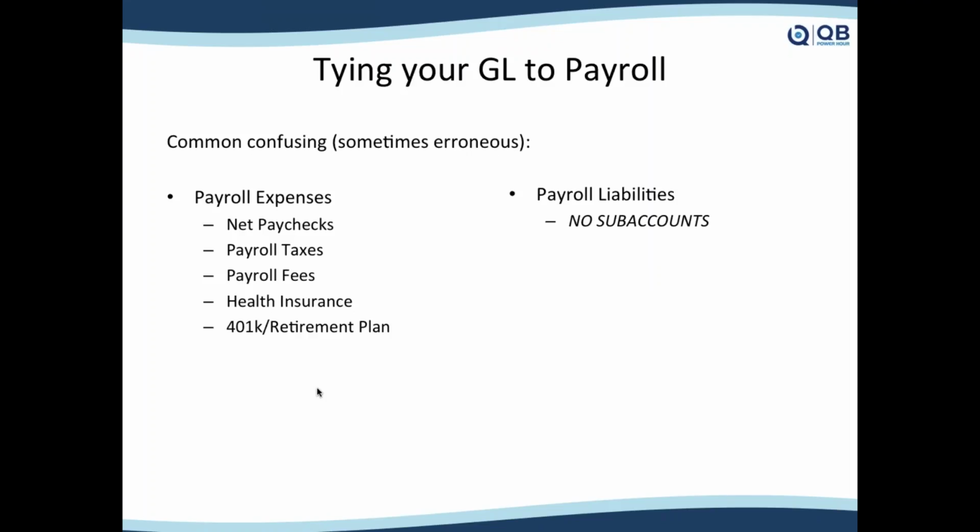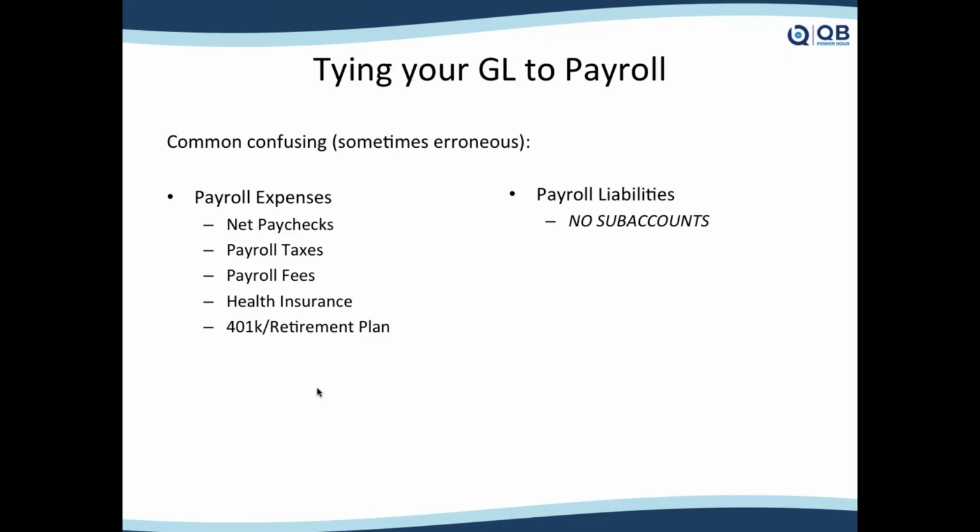So what are the common confusing configurations of chart of accounts that I see out there? Well, you have an expense account called Payroll Expenses, and then one called net paychecks, and that's assuming somebody would even think of putting the word net paycheck there. Sometimes people would just put it under wages or just payroll or just right there on the parent account.